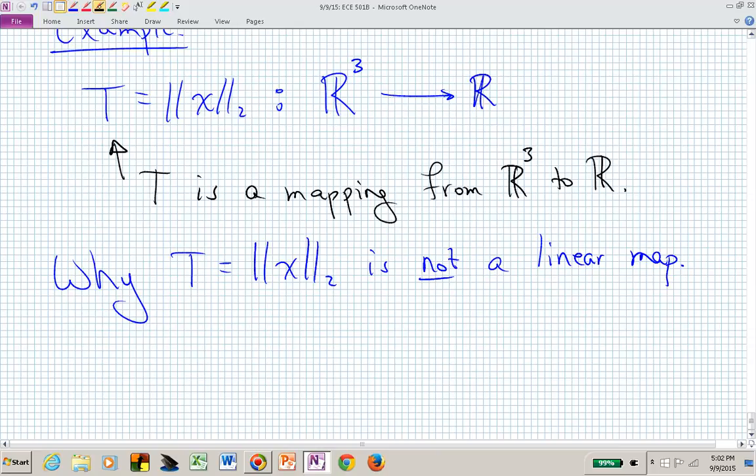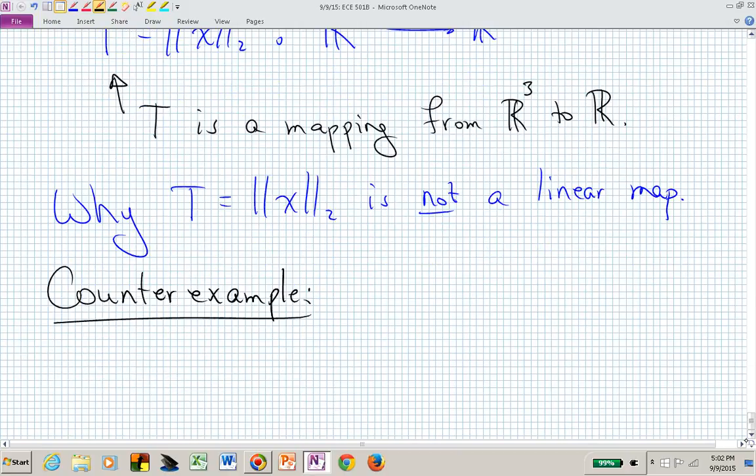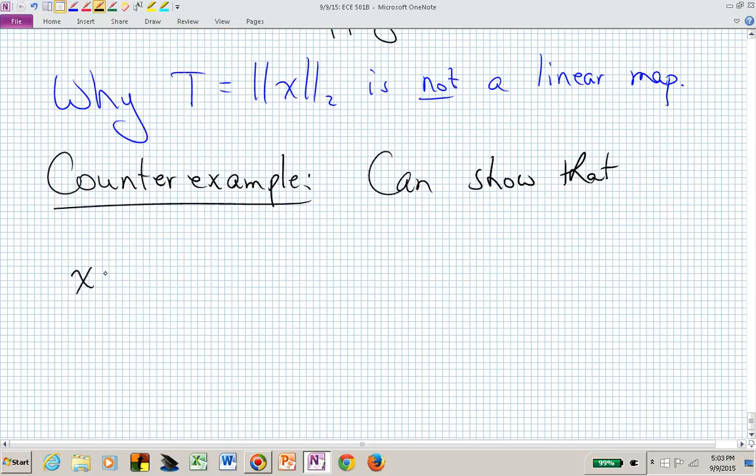A very good way to do that is to just come up with a counterexample. For example, let's say that we have an x vector that's 1, minus 1, 1.